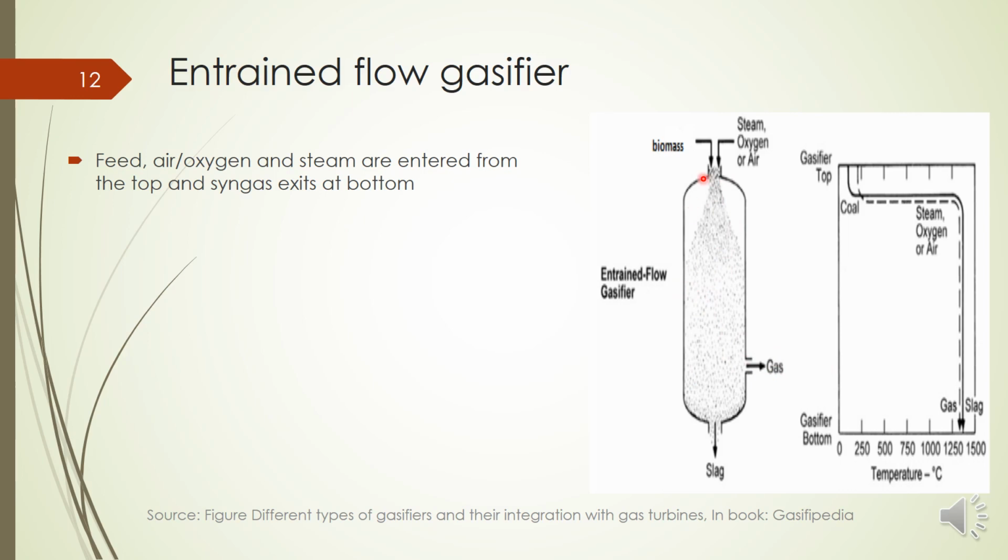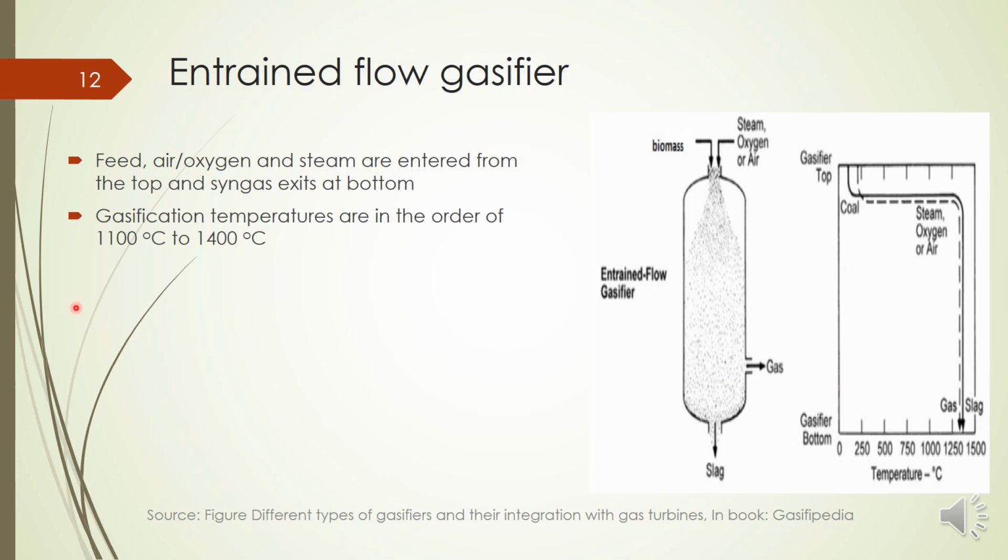But in fluidized bed, what is the difference? In fluidized bed, biomass will be entering from the sides or top, but air and steam will be entering from the bottom, and syngas will be leaving through the top. But in this, both the biomass and the oxidizing agent go in the same direction, and syngas is taken from the bottom.